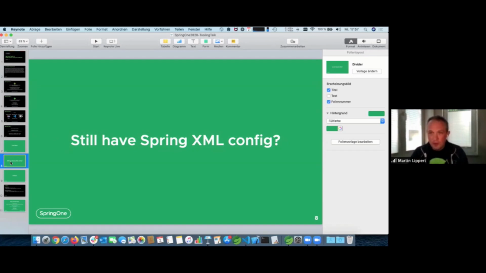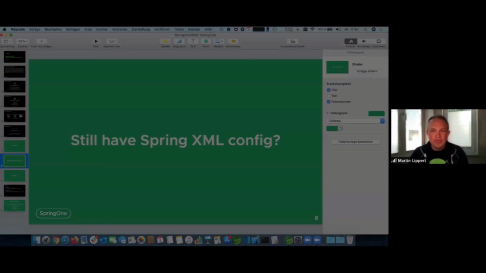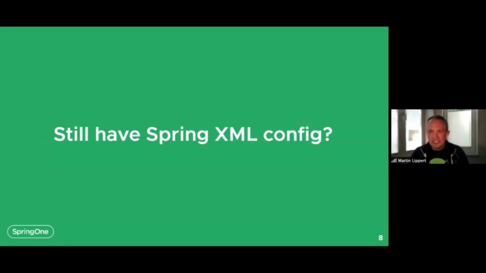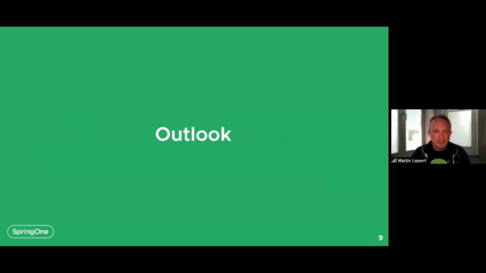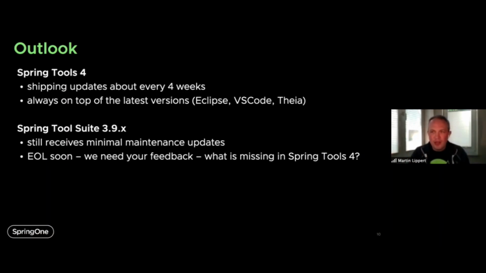Let's go back to the slides quickly. I'll share my remaining slides. As long as I have slides, I can still share them, and you can see them. A brief outlook at the end. We are going to ship updates to the Spring Tools for all the platforms, and we will continue that, roughly every 4 weeks. We still support the old Spring Tool Suite 3.9, but that will reach its end of life pretty quickly.